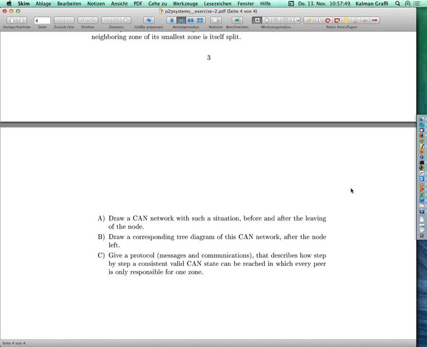Let's go through. Okay, so then here it would be B. One moment. And this is D, F, E, G. Yeah, because this is this split.